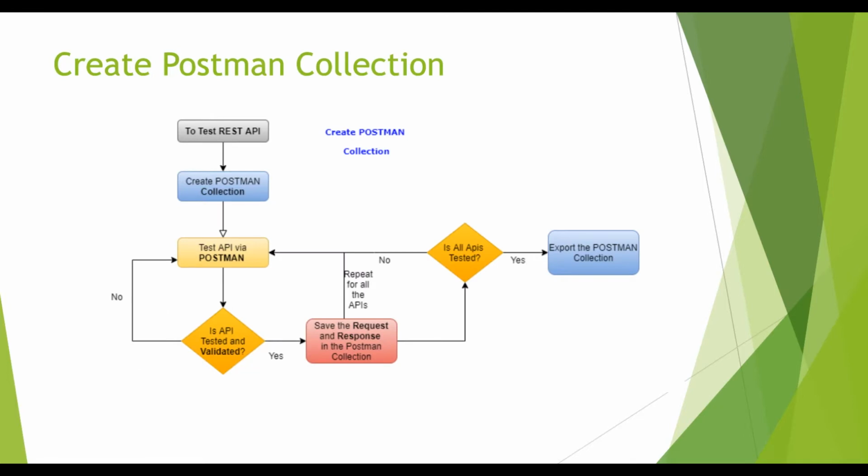As everybody is familiar with how to create a Postman collection, I will do a quick demo of creating a Postman collection for one example, and I will use an existing Postman collection to showcase the demo. Let's get into the Postman website and create the collection.